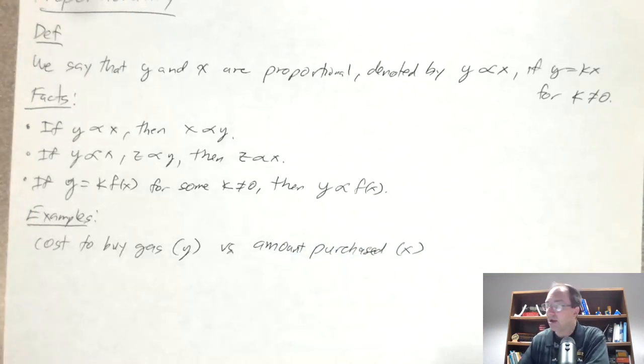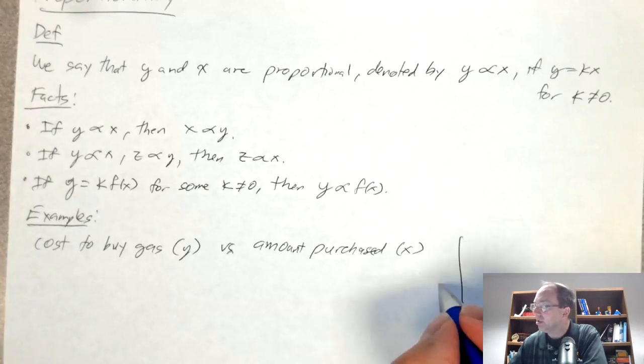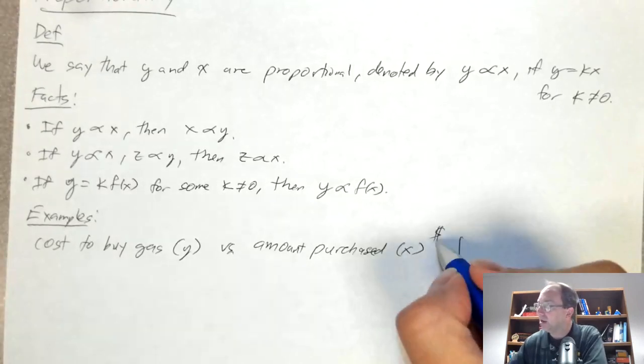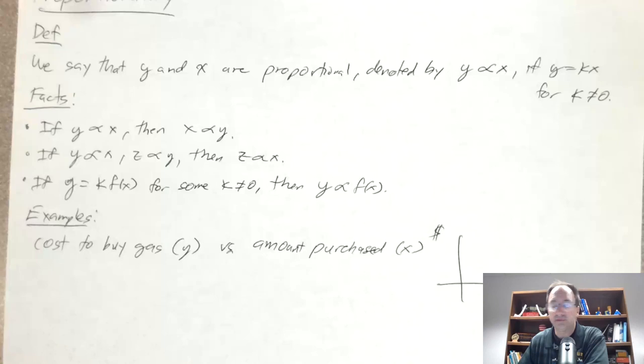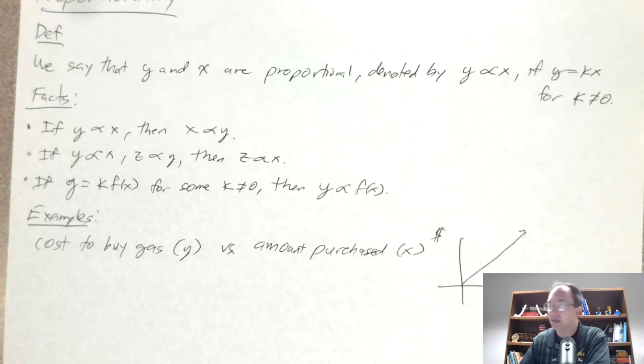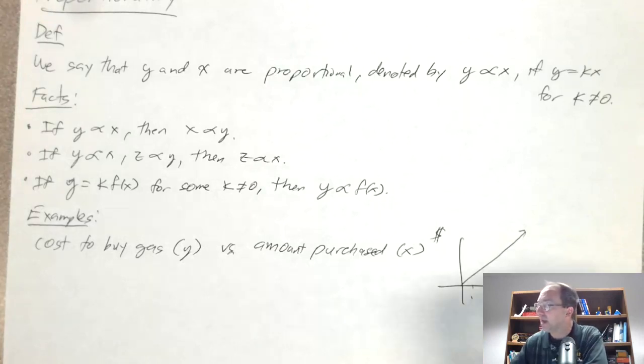And notice, if you go to the gas station, and so here I have number of gallons on the x-axis, and then here is my dollars, the amount I pay at the end. It's going to be a perfectly straight line, no matter whether you buy 1 gallon or 20 gallons, let's say.